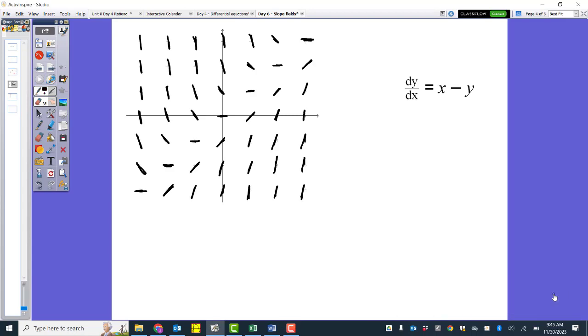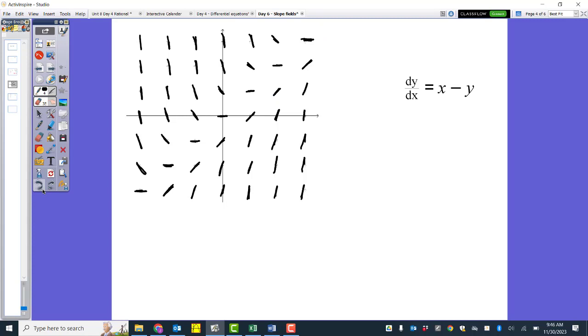Now, one thing to note is these slope fields are not going to be super exact. There are a few that we are looking for exactly: any slopes of 1, like this line right here down the middle, any slopes of negative 1, like this diagonal, any slopes of 0, and any slopes of undefined.